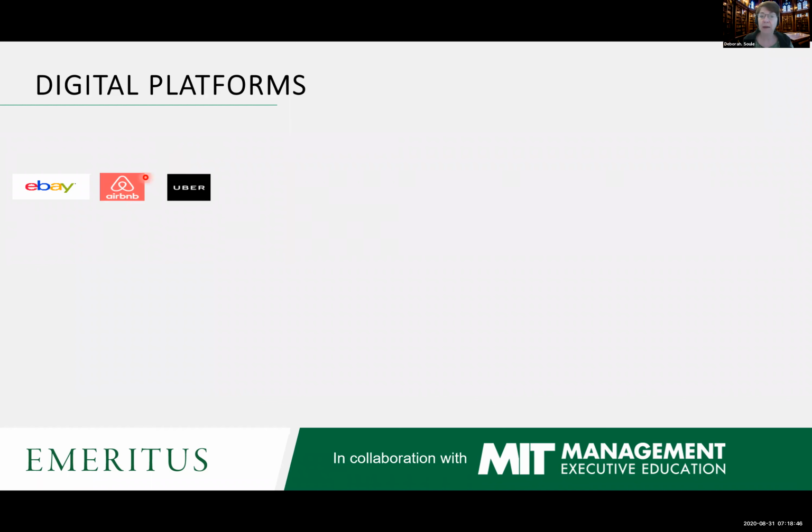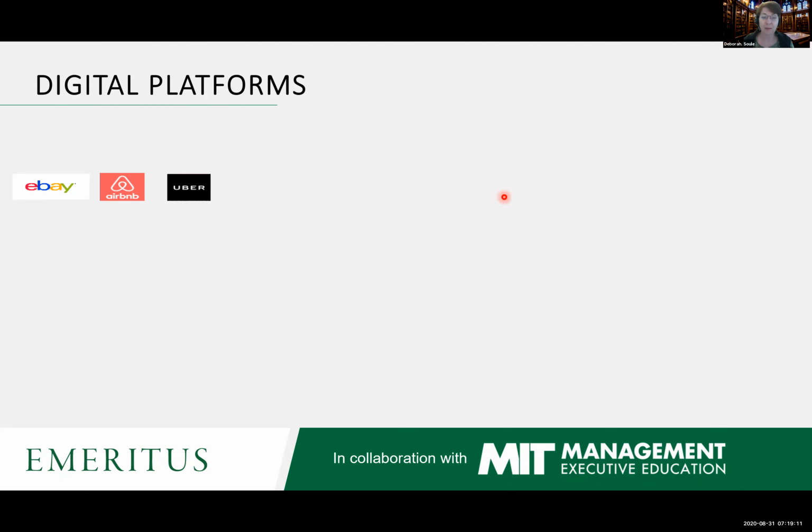Airbnb is the platform that allows those two kinds of parties to meet, to find each other, to select which of the possible hosts might be the best match for them, and to make a transaction where they agree to exchange money for the stay.